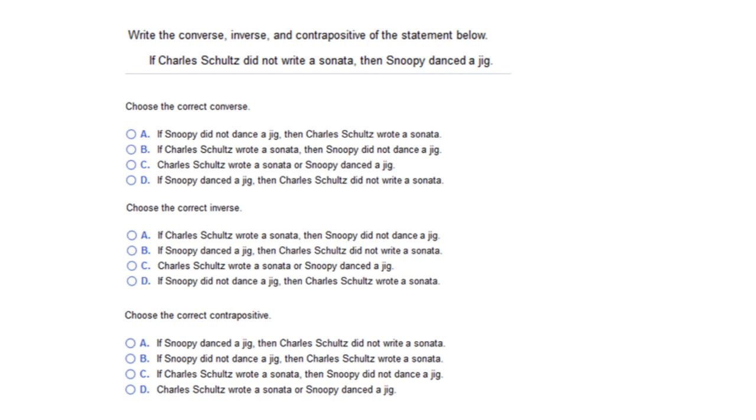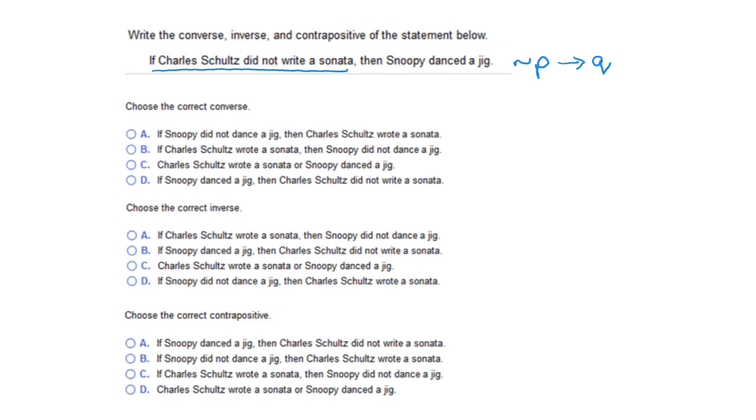So I would say that I can call Charles Schulz did write a sonata as my P. So I would go ahead and define this as not P. Then Snoopy danced a jig would be my Q. And now I have my symbolic form of that sentence. If not P, then Q.